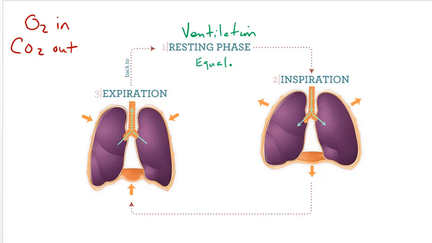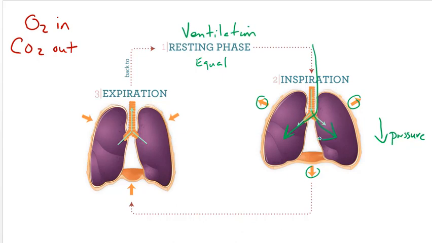Next, a stimulus will be sent from the nervous system to the intercostal muscles of the chest and the diaphragm, and the chest will expand in size. This drops the pressure inside, and air will rush in in an effort to equalize those pressures.